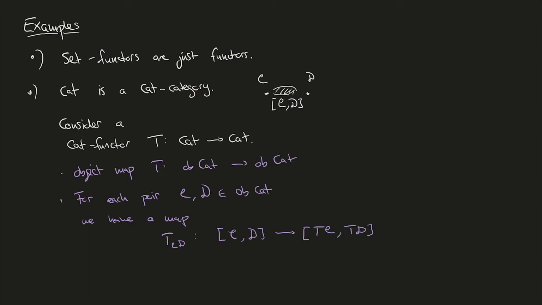Now this map is a map in the enriching monoidal category, which in our case is cat. So in fact, this is a functor.